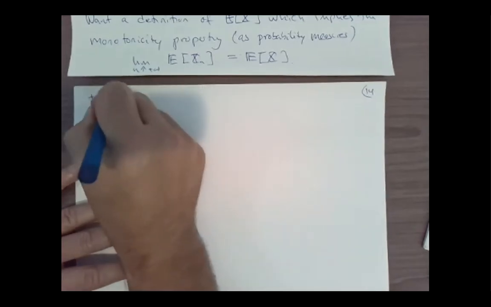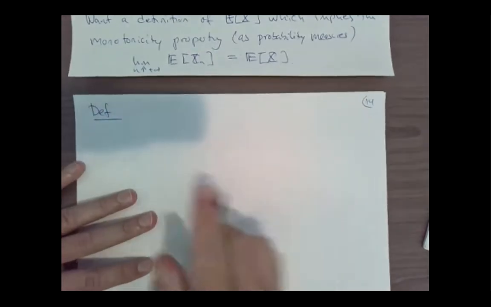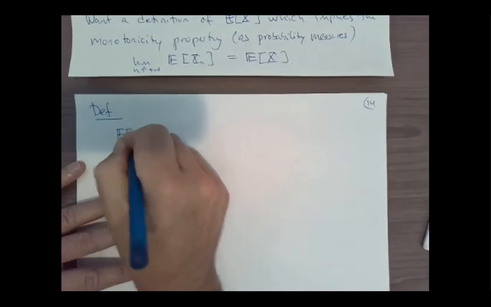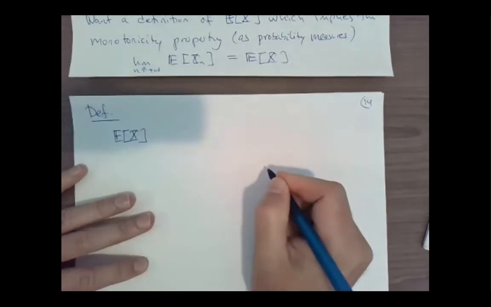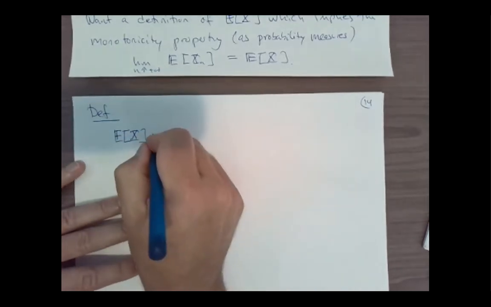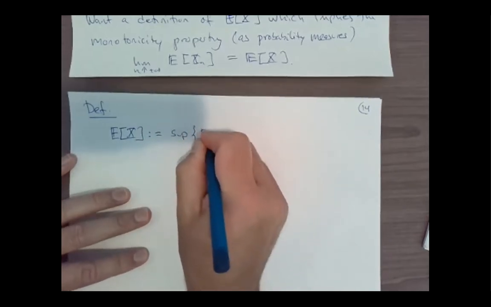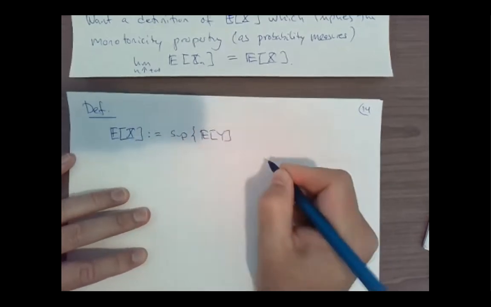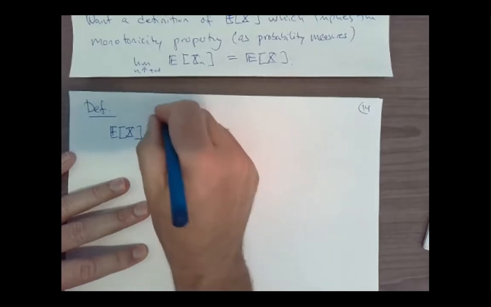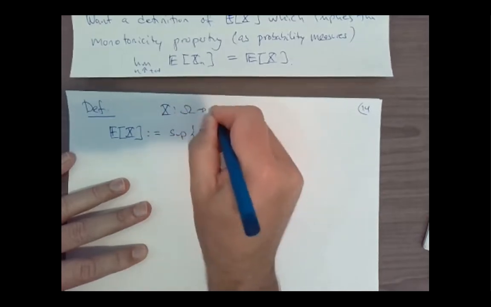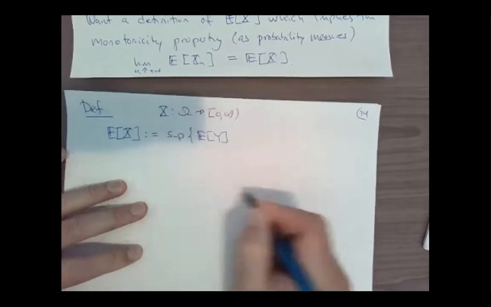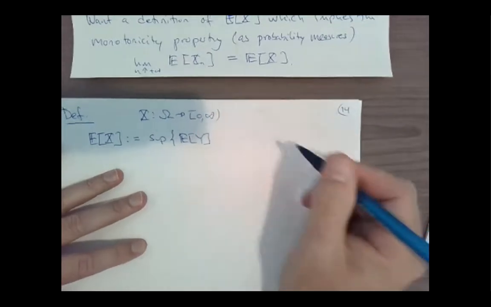The definition that people give is that the expectation of x is defined as a supremum of expectations of y. So here I have my random variable, which is non-negative and measurable.